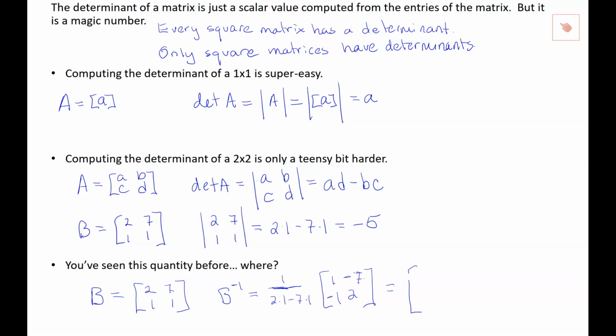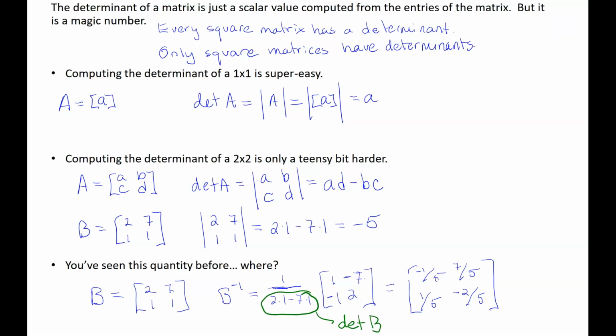So the inverse of this matrix B is just -1 over 5, 7/5, minus 1 over -5, so that's 1/5, and 2 over -5, so that's minus 2/5. And this quantity right here, that is the determinant of matrix B.